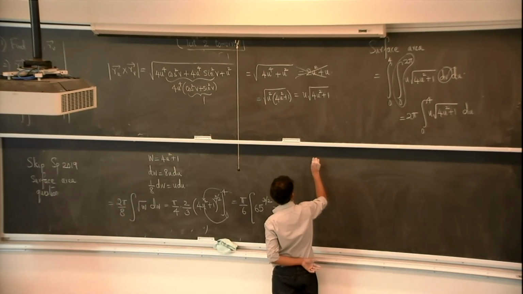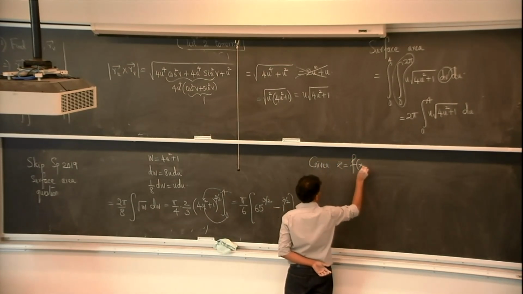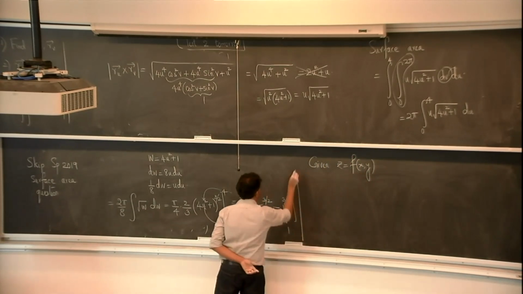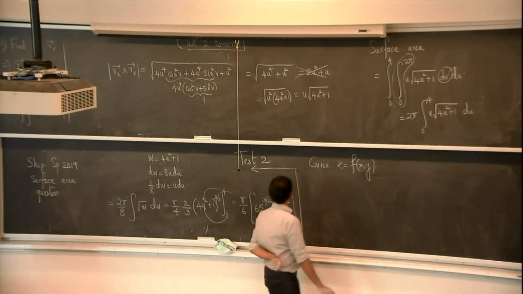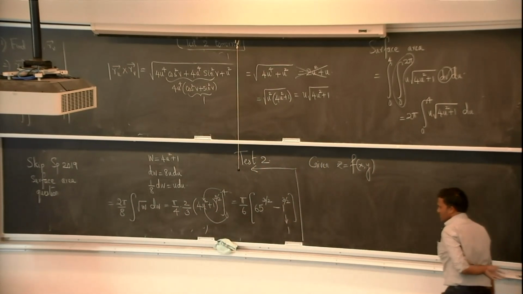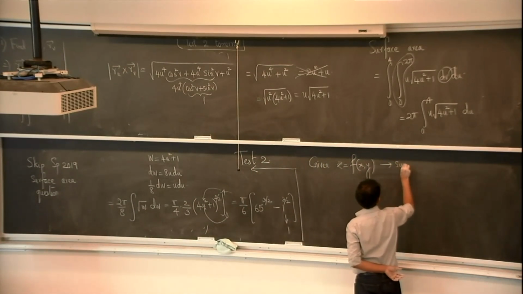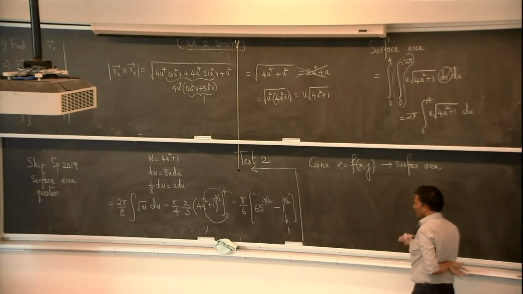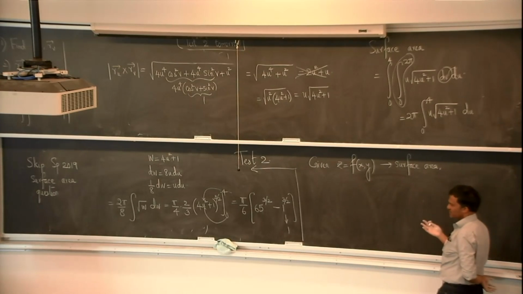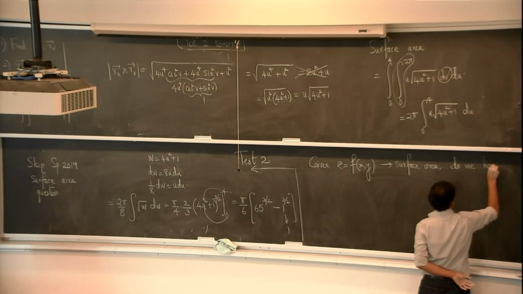If you are given the surface z equal f of x, y, and if you want to find its surface area, do we really have to do this parameterization and then get the surface area, or can we just use the given letters itself?